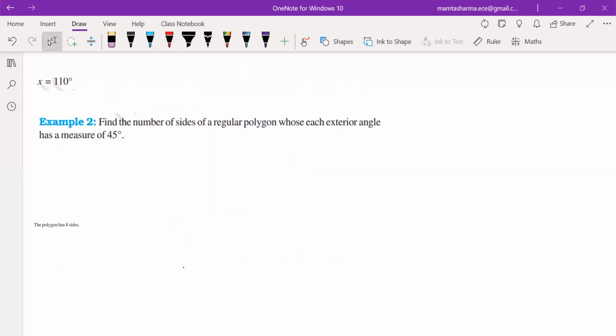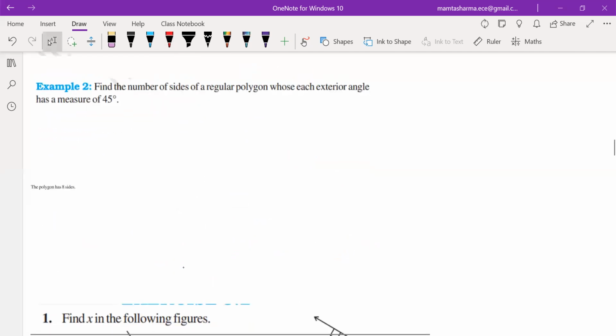Yes, now see, this is a tricky question. Find the number of sides of a polygon whose exterior angle has a measure of 45 degrees. If one exterior angle is 45 degrees, find out the number of sides.